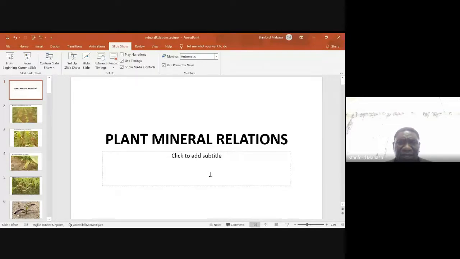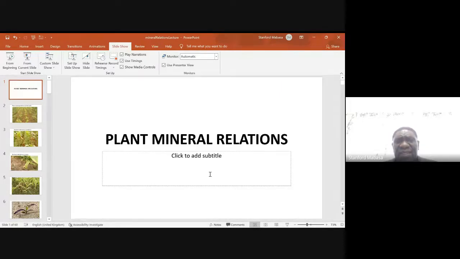Now, what we want to talk about today is plant-mineral relations. We know that when plants grow they use their roots to take water and some plant minerals, which are used for various functions within the plant.